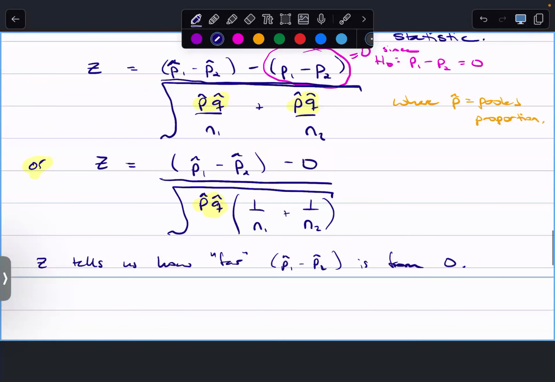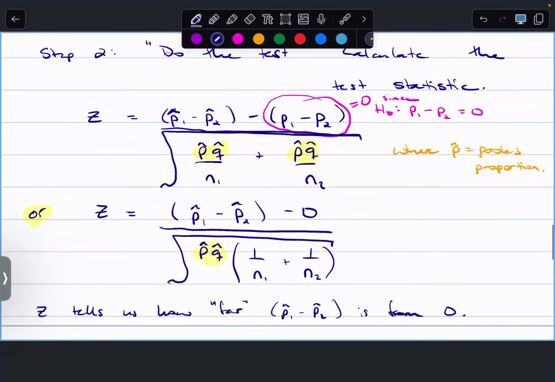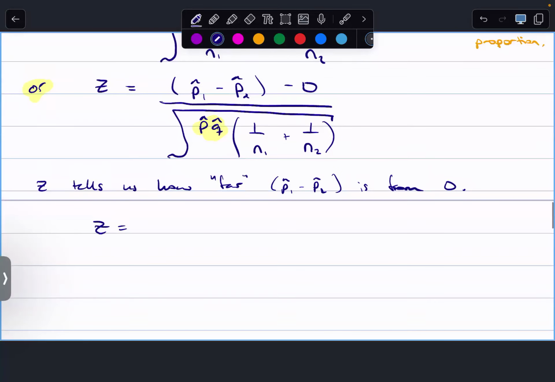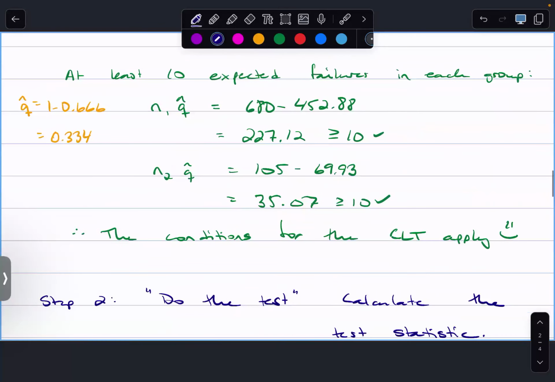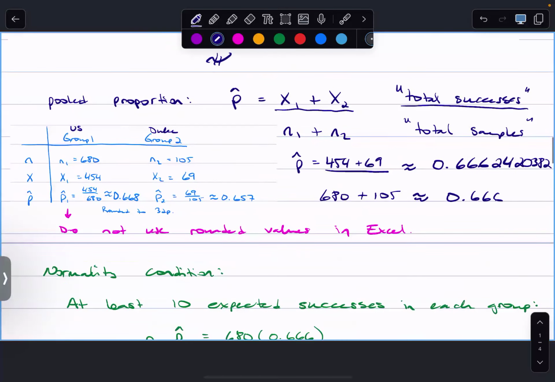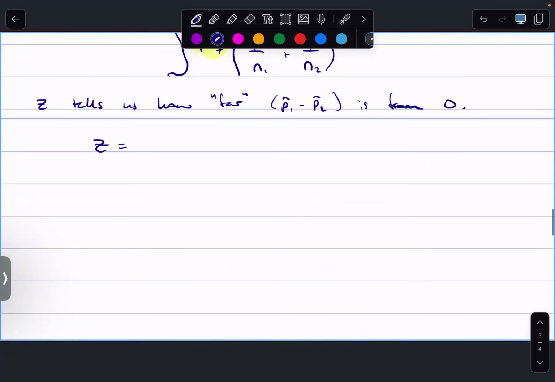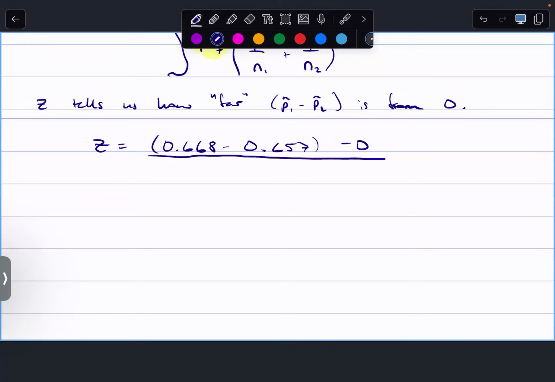All right, let's calculate our Z. Z is, and I'm going to use just the rounded values because I'm lazy, 0.668 minus 0.657. I'll keep the minus 0 there, but obviously you can drop it whenever you're ready.